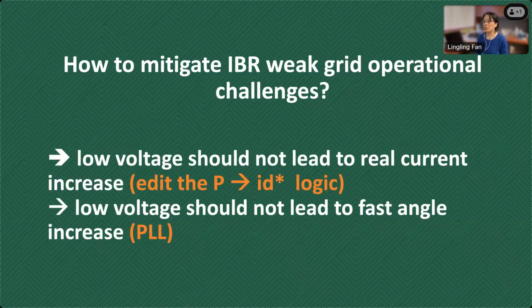The second one is the outer control loop of the D-axis, the P to Id reference logic, which is really also another issue, right? So when we go to the GFM design, let's think about these couple of things.